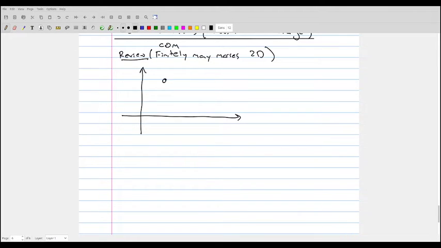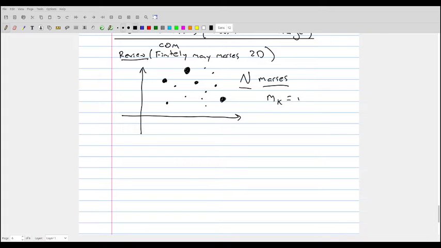So let's say that I have capital N masses, and the kth mass has mass mk.